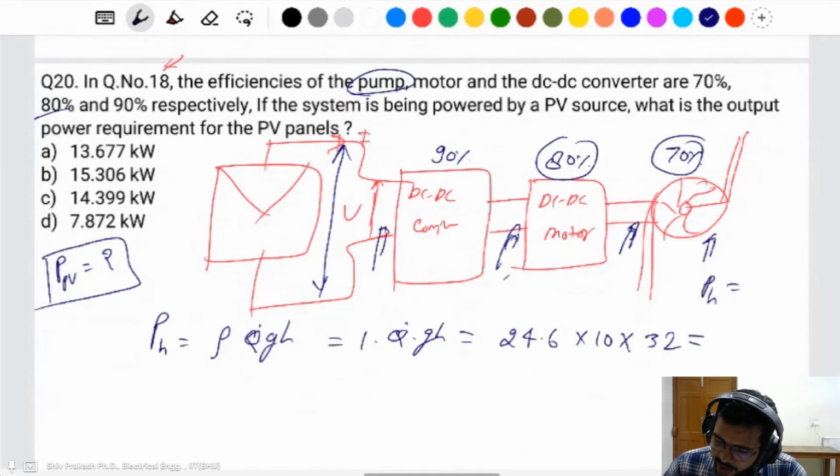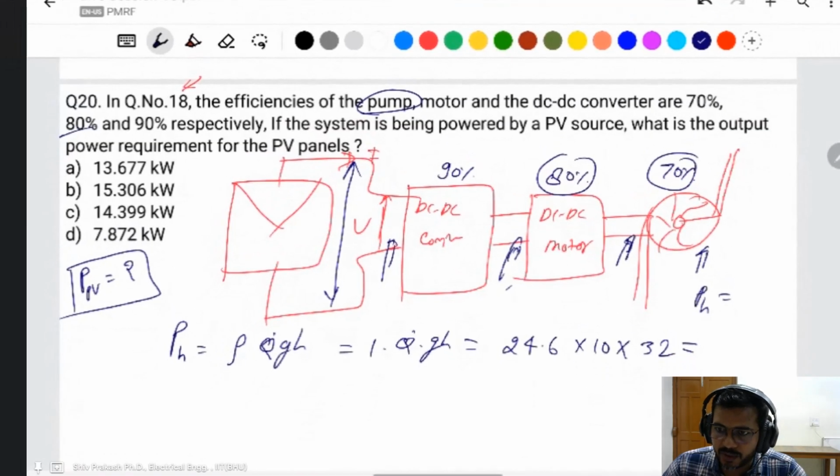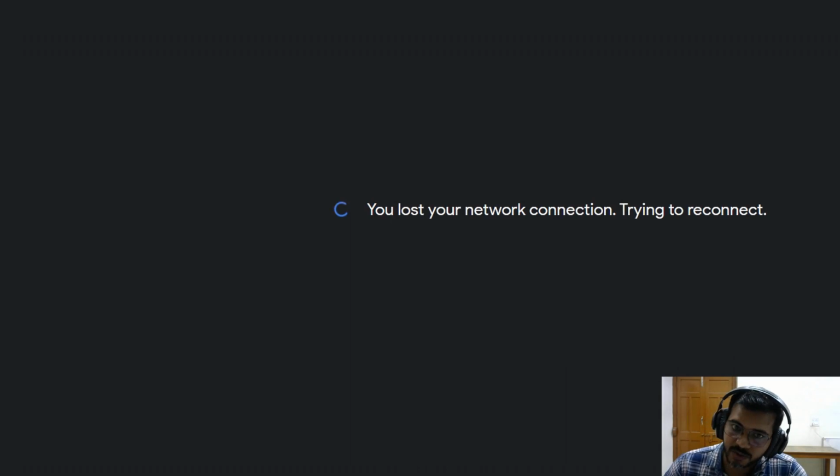This is divided by 70%, which gives the input power of the motor. This is the output power of the motor divided by 80%, which gives the power of the motor input. Then divide by 90% for the overall power.